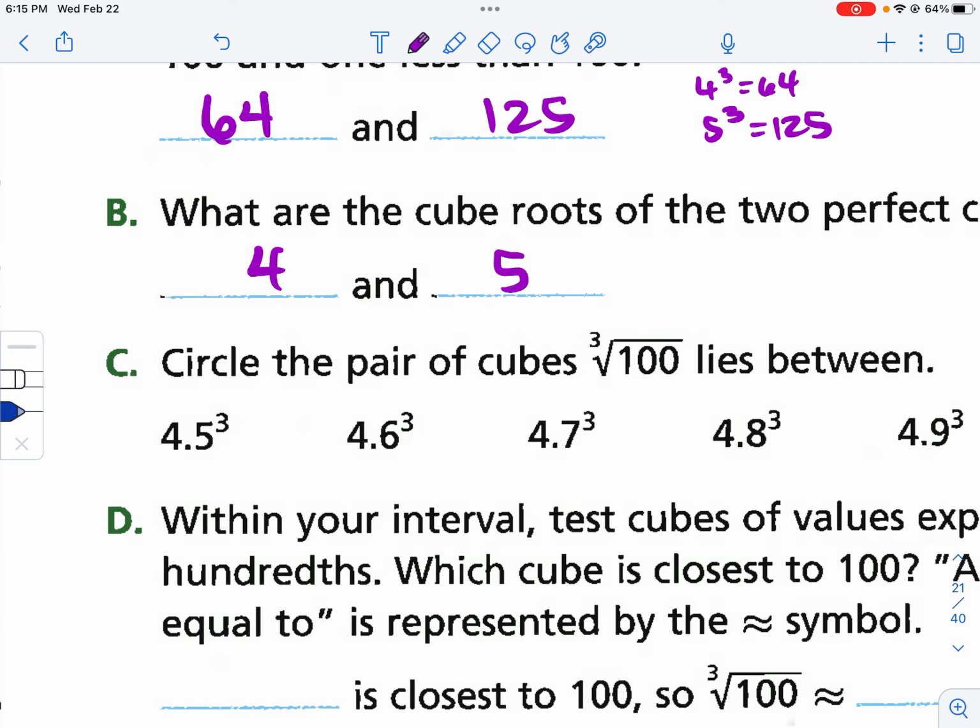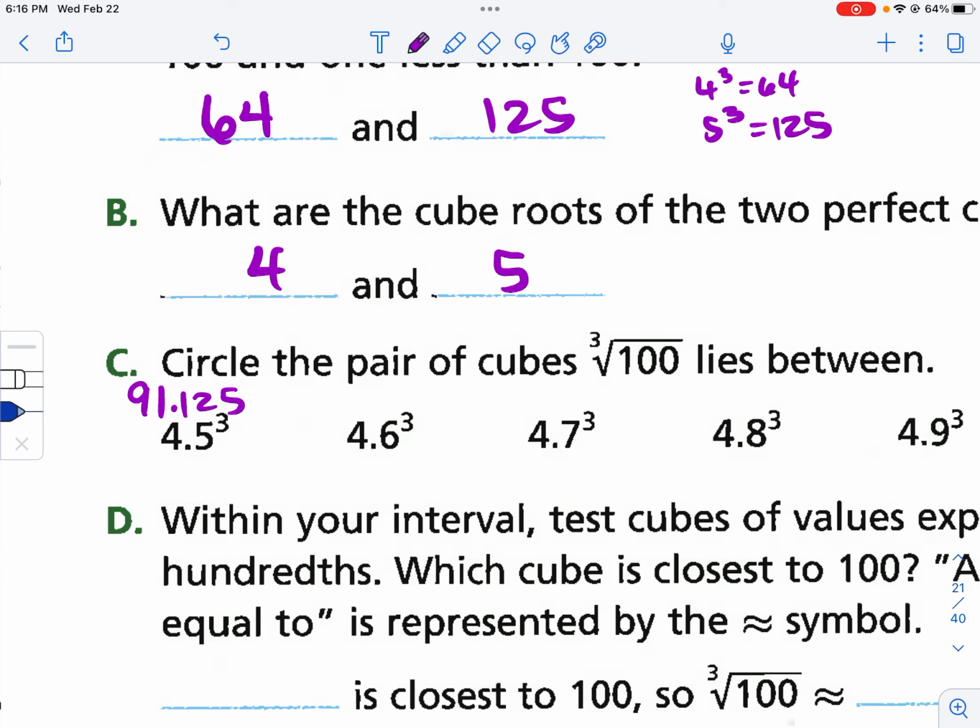On this, it would be good to use your calculator. So we're going to use our calculator on this, and 4.5 times 4.5 times 4.5, we get 91.125.